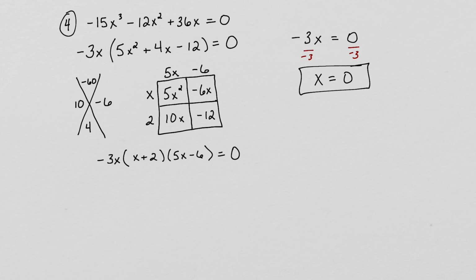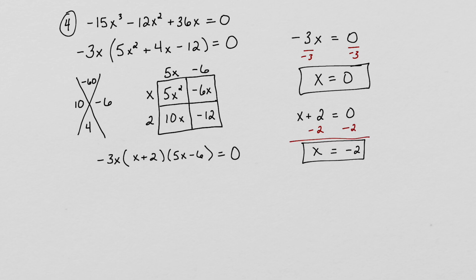The next factor, x plus 2 equals 0. Again, a nice easy one step. Subtract 2 from both sides, and we get x is equal to negative 2. Another one of our solutions.